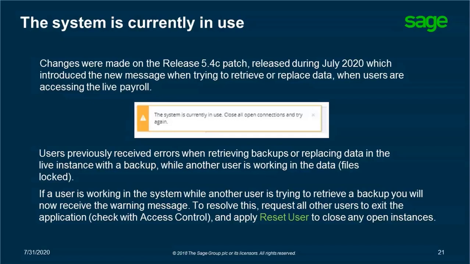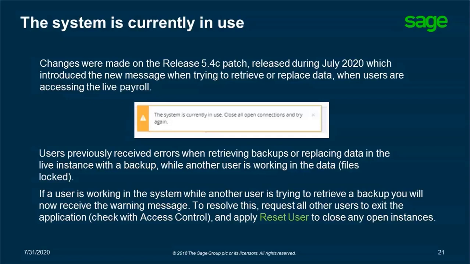This is because you would like to copy data from your backup archive into the live system, and at this point in time, the system cannot see if any other users are currently accessing the payroll data, as this process is happening outside the system itself. Until all the users have exited the system, the message will pop up.